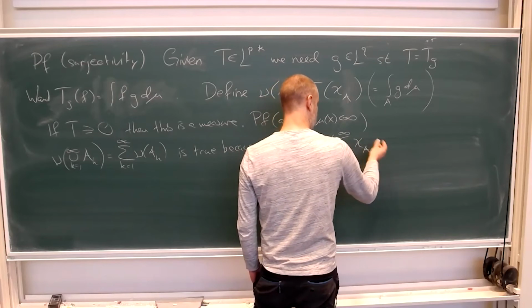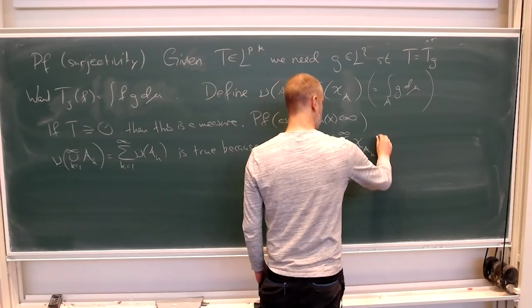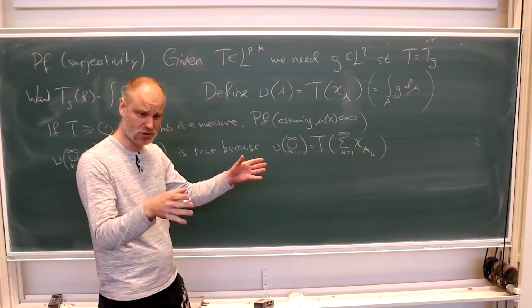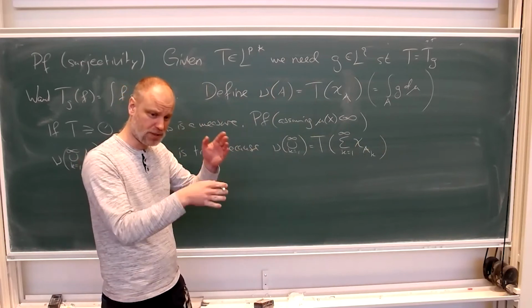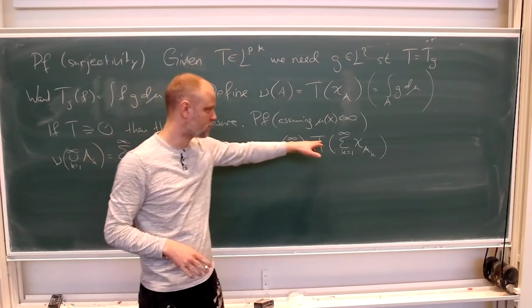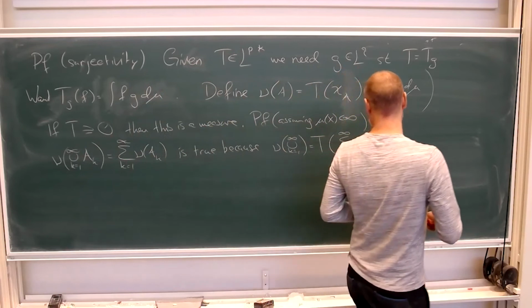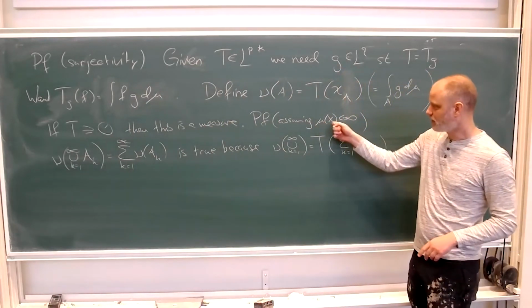instead of writing the characteristic function of the union, I can just write the sum of the characteristic functions, because if the AKs are disjoint, you don't build onto the tower. This is either 1 or 0. And now, this is where I need the assumption that this is finite.